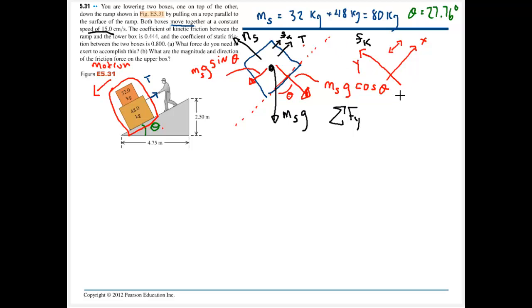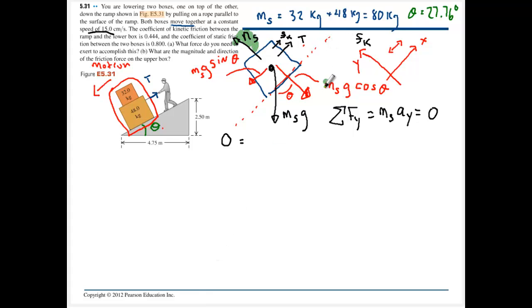The y direction really says it's not accelerating through the ramp, so my sum of the forces is equal to the mass of the system multiplied by the acceleration in the y direction. That guy is going to be equal to 0. So my sum of my forces is equal to 0. And let me just highlight very quickly my forces in the y direction.